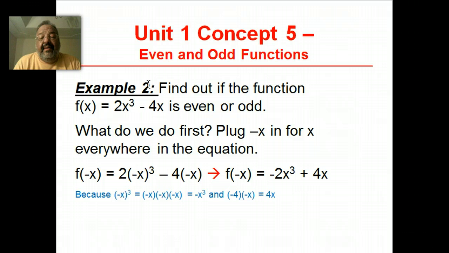You know that if you have negative x times negative x times negative x, you're going to get negative x cubed. Don't forget stuff like that. If you have an even exponent, it's going to be positive, and if you have an odd exponent, it's going to be negative.